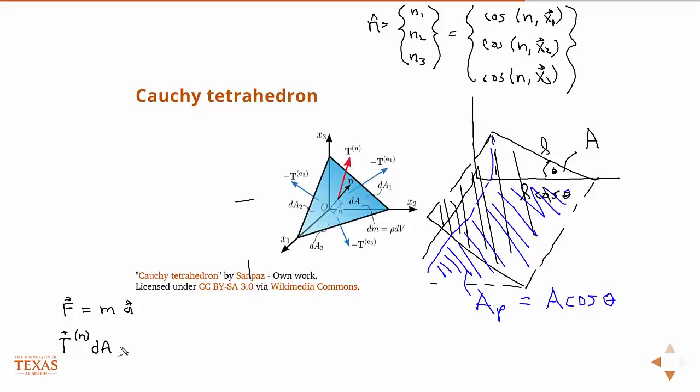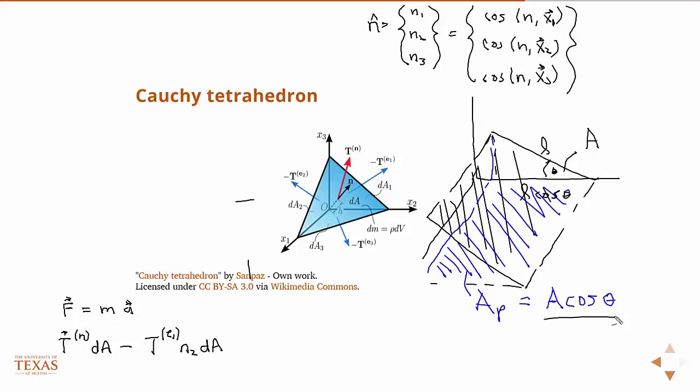So that's a positive. Then I have the minus T E1 times N2 dA. Remember N2 is the cosine, so it's playing this role.